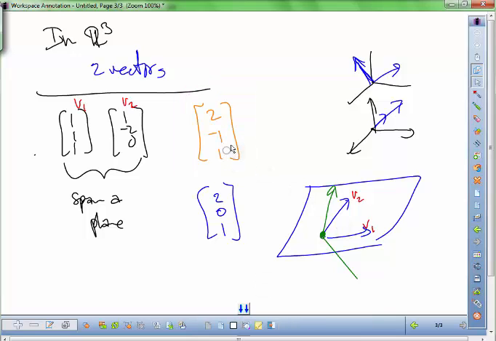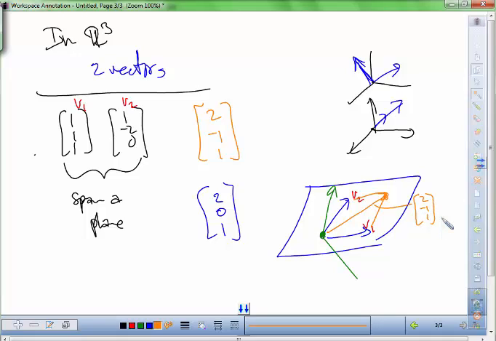This vector 2, negative 1, 1 happens to be a vector that is also on that plane. And so because that's on the plane, that third vector doesn't give me a three-dimensional span. It's still a two-dimensional span between V1, V2, and this orange vector.